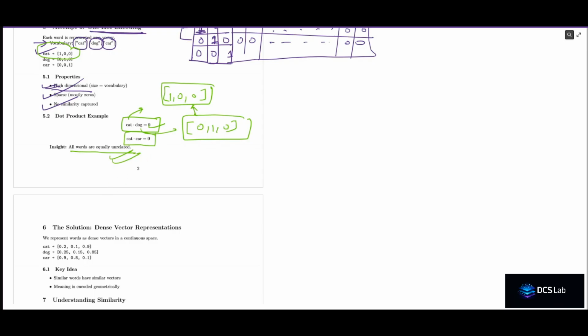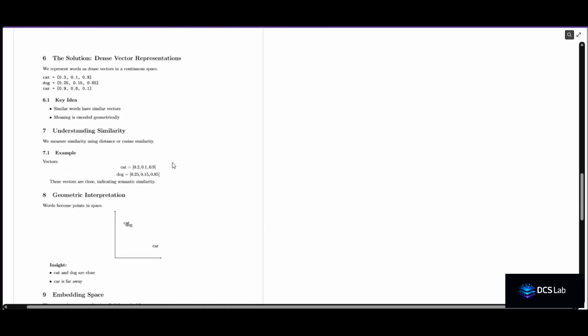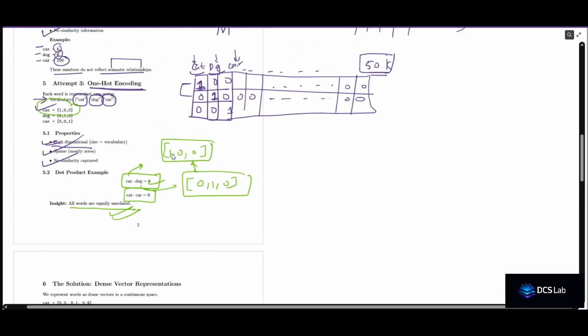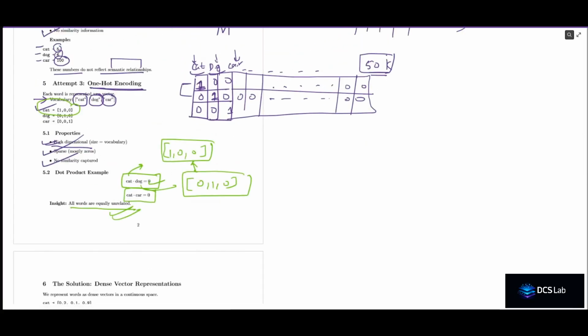Now, the solution to this problem is dense vector representation. Dense vector representation can help you solve the problems with the above approaches. High dimensionality can be addressed, sparsity can also be addressed, and similarity can be captured. Here no similarity was captured, but with the dense vector representation, all the above three problems can be very well addressed.